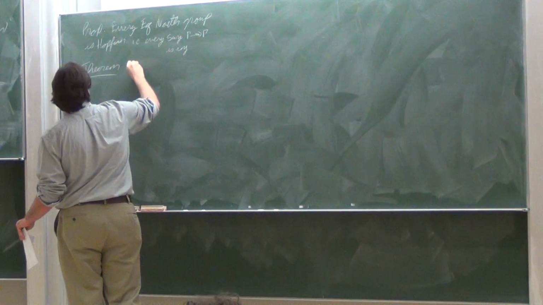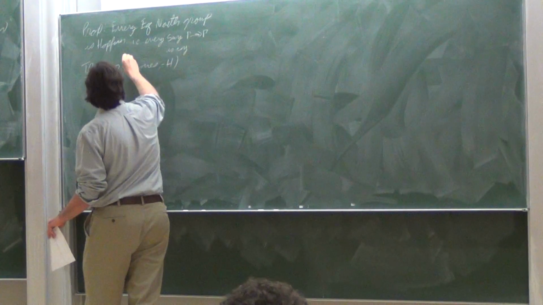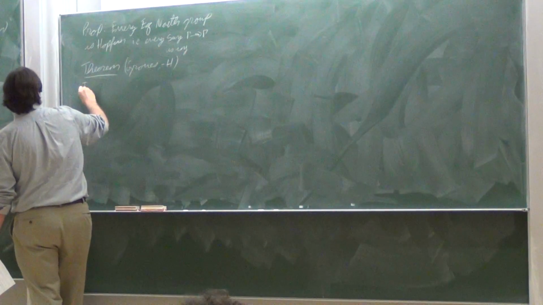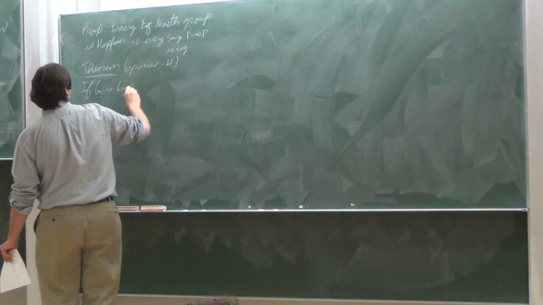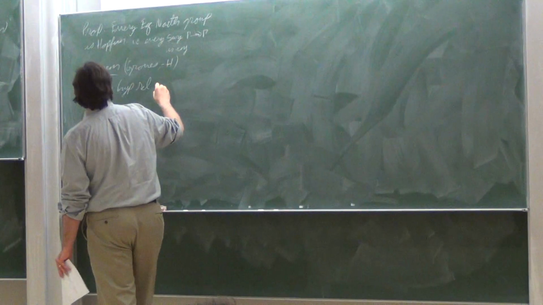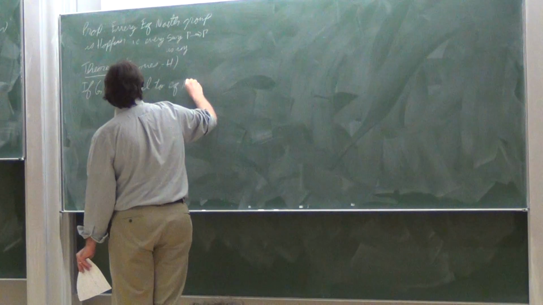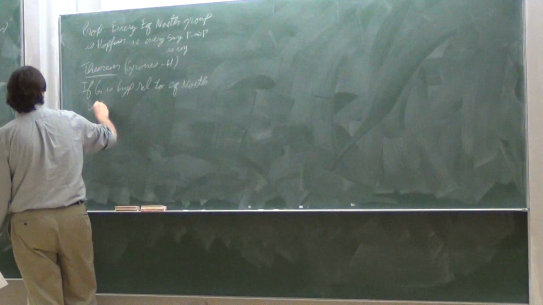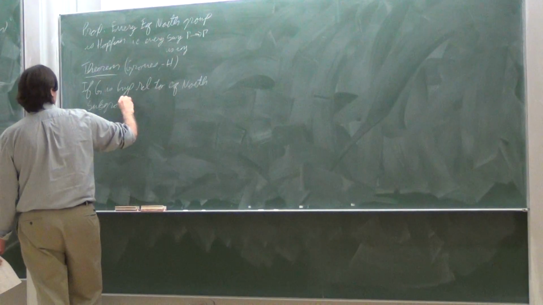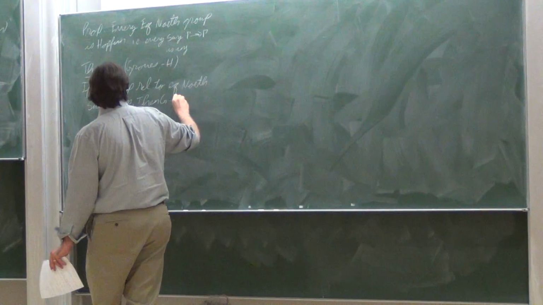So this is Groves and Hull. If G is hyperbolic relative to equationally Noetherian subgroups, then G itself is equationally Noetherian.